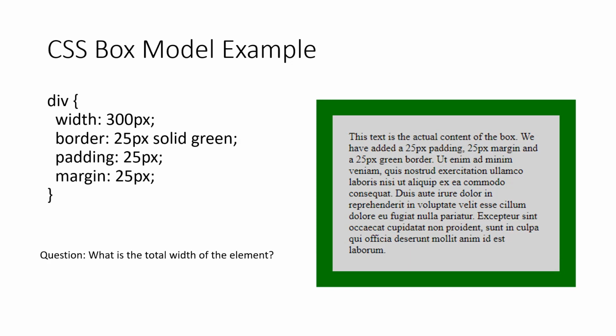Starting from the margin, you have 25 pixels, then border 25 pixels, padding 25 pixels, width 300, again padding 25, border 25, margin 25. So without margin it's 400, but with margin, that is the total width. Usually we have to talk about everything together. It should be 450.